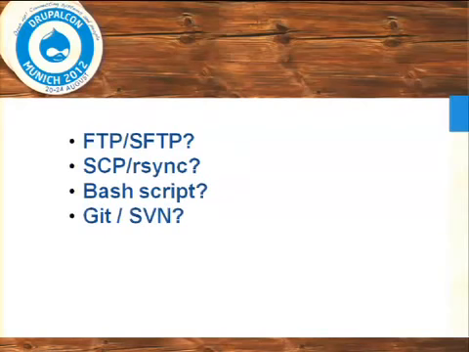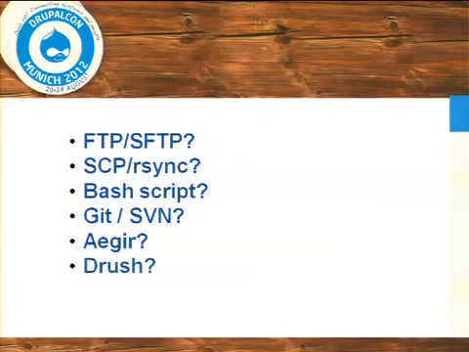A lot of people are just happy to log into that production server and just git pull, or if you're still using SVN. Some people are deploying using Aegir. Don't know much about it myself, and Drush is always getting new features in relation to deployment. I'm sure it's really awesome. But we're going to look at Capistrano.